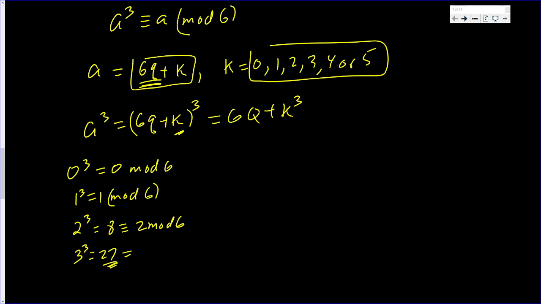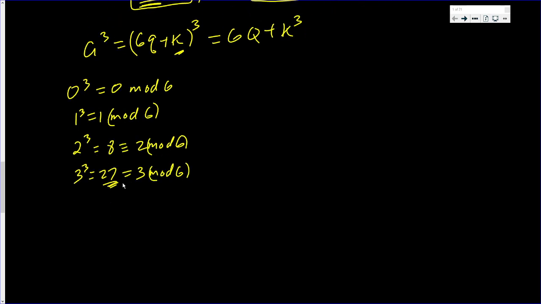That's 6 times 4 plus 3. That's the remainder, mod 6. 4 cubed is 64. Well, 6 goes into 64 some number of times with 4 left over.